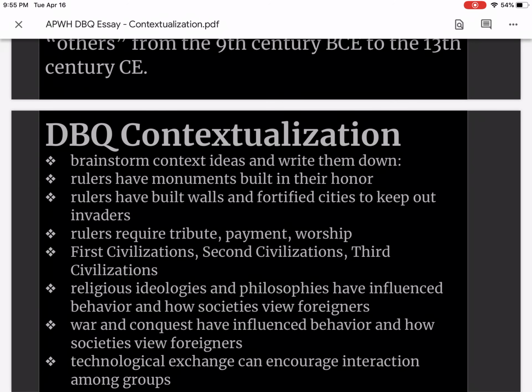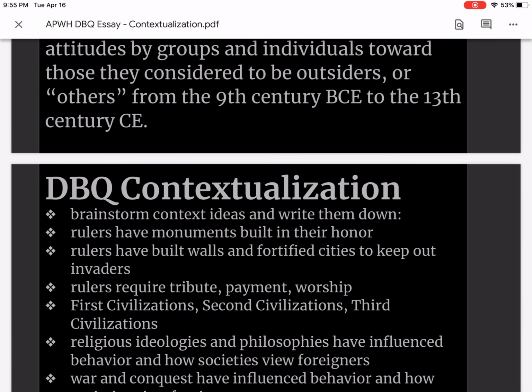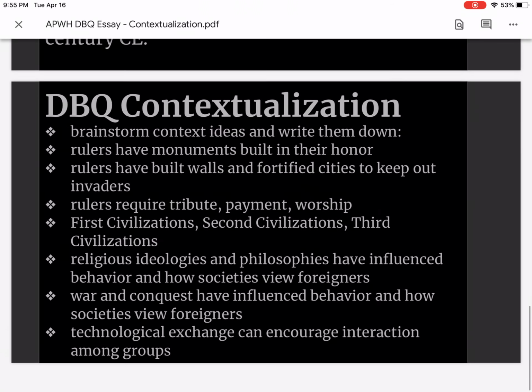Rulers have built walls and fortified cities to keep out invaders. Rulers required tribute, payment, worship. Some of our first civilizations: ancient Egypt, ancient China. Second civilizations, that would be ancient Rome, ancient Greece, Han China, and then the third world civilizations, and that gets into the latter part of our time frame that we're talking about here.